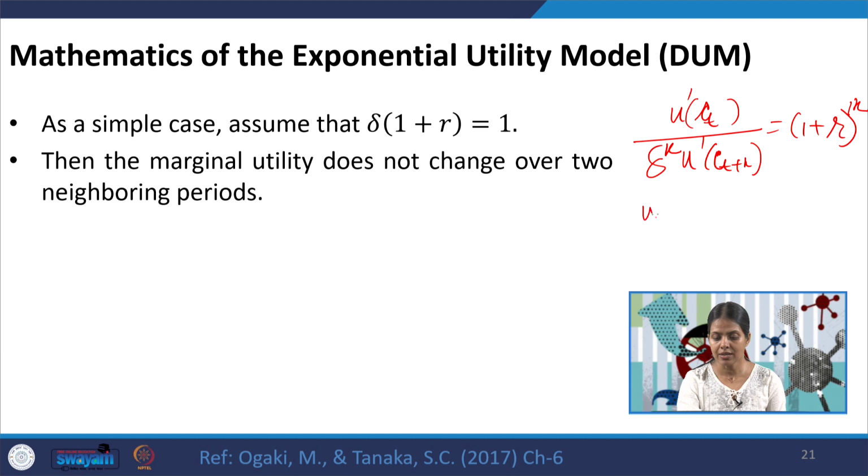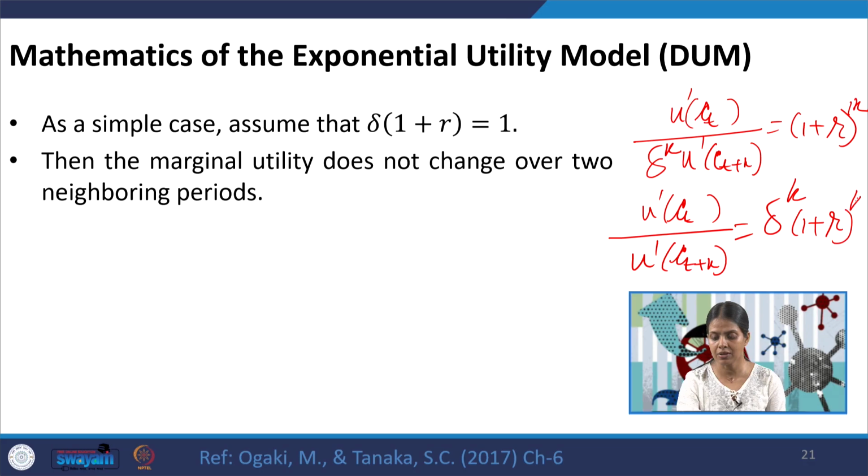This implies that u prime Ct divided by u prime Ct plus k is equal to delta raised to the power k times 1 plus r raised to the power k, right. And if k is equal to 1, then this would become delta into 1 plus r. So, if we assume that delta into 1 plus r equals to 1, then the marginal utility does not change over two neighboring periods.